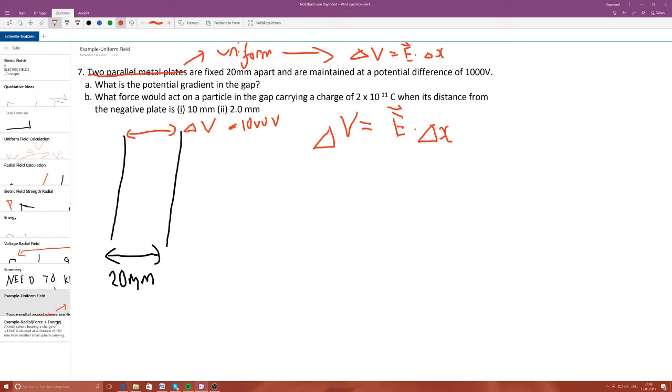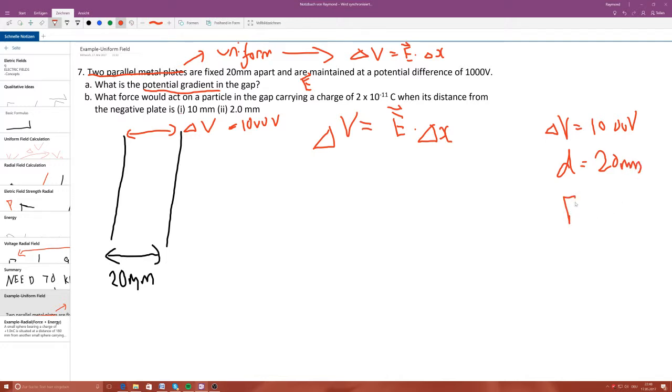Then we look at the question, we see it's asking for the potential gradient, and we know that the potential gradient is another word for the electric field strength. And now if you write down, this is also a good idea, on the right column, all of the parameters that we know. So we know that delta V is 1000 volt. We know that the distance between them, D, is 20 millimeters.